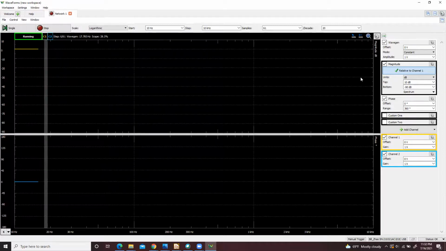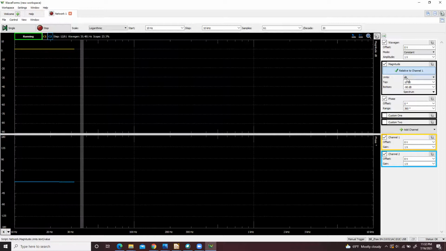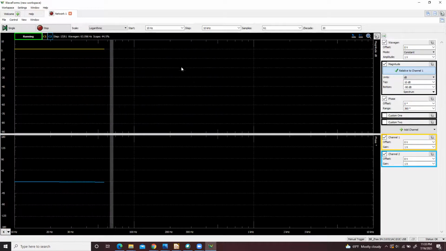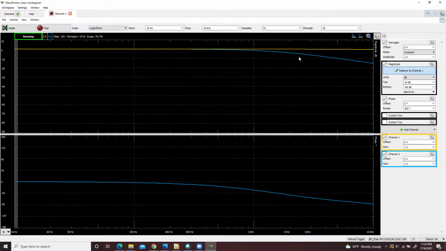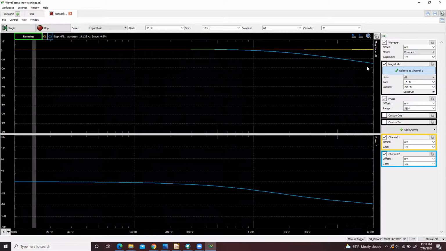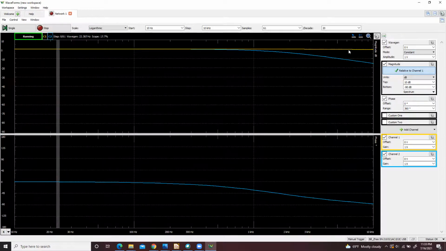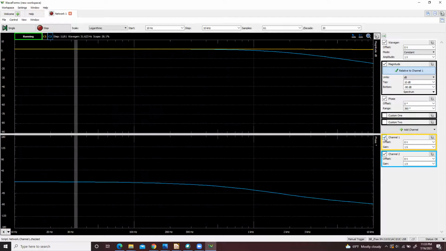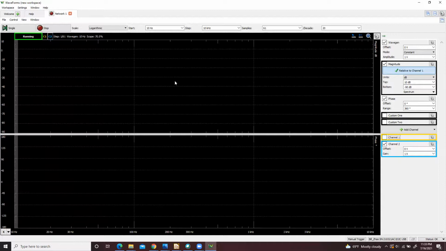Okay. And here you can set the input frequency, and here you can change the range of the plot. So as I mentioned, channel 2 is my output, which means channel 1 is the input, so I don't need channel 1 here. I can just turn off my channel 1.